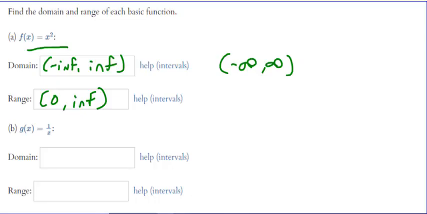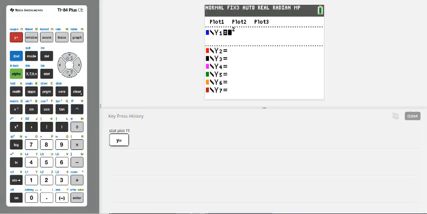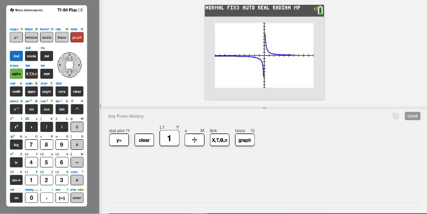The other one is 1 over x. So we're going to go y equals 1 divided by x. We hit graph. All right. What we have to understand is this is what it looks like, and what we have here are called asymptotes.